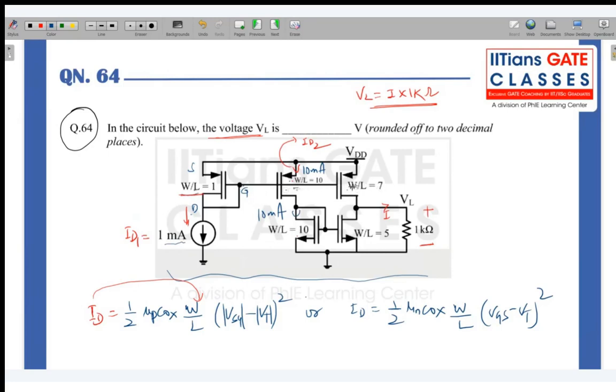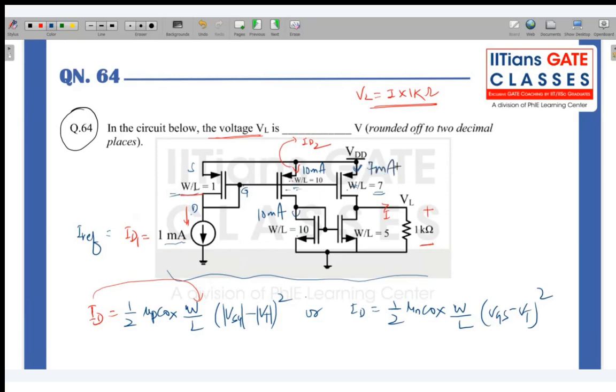You have to find the current through this transistor with respect to the reference transistor. This is the reference current in case of current mirror. So what is going to be the current here? This is 7 and this W by L ratio is 1. So the current flowing here is 7 times the I reference. You can say this is 7 milliampere here, via this transistor.